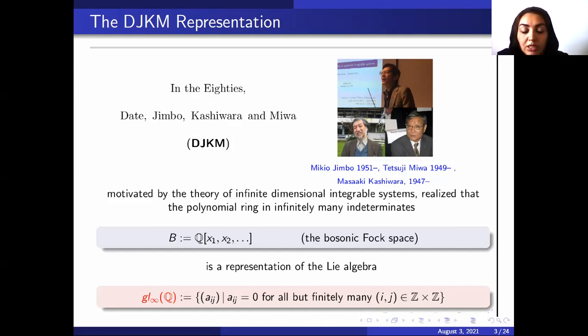The Lie algebra denoted by gl_infinity(Q), which is the vector space of all infinite size matrices in which all entries are 0 but finitely many. So for this module structure, they should have a recipe. The recipe is like this: you should have a matrix, you should have a polynomial, and you multiply and you obtain another polynomial again, in such a way that B turns out to be a module over gl_infinity(Q).